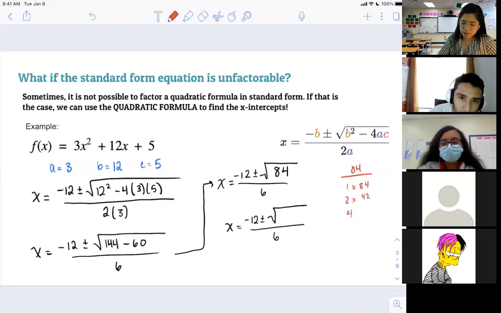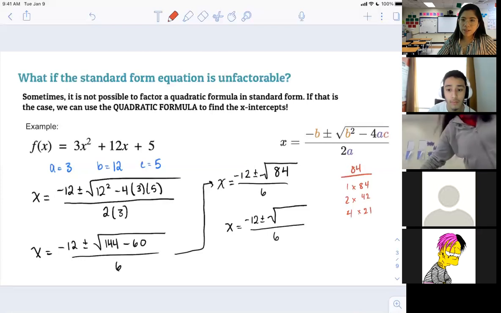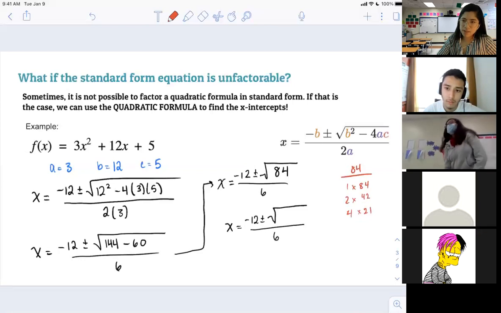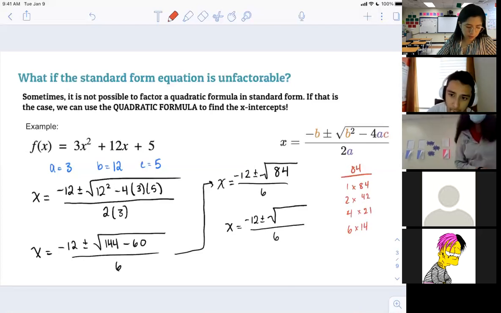That's 21. 5 is not a factor. What about 6? 6 times 14. 7, no. 8, no. I think Perla said 12 is also a factor, and I think that was 12 times 7. I think those are all the factors.